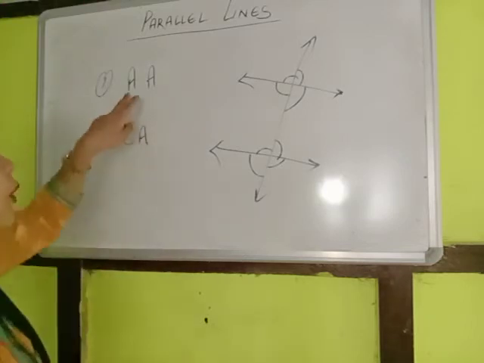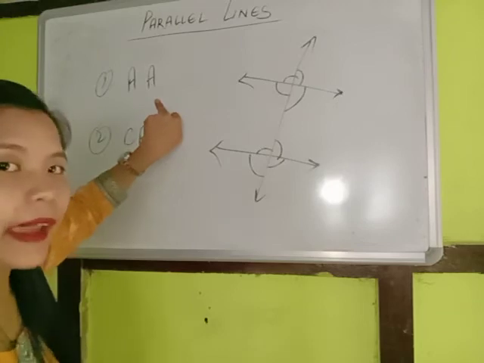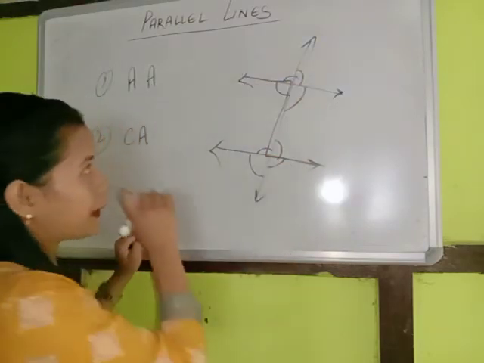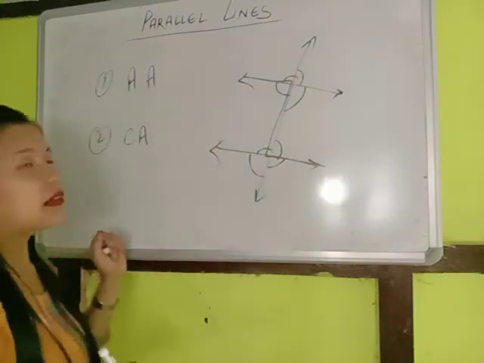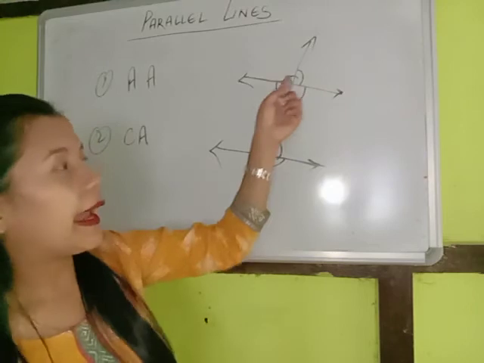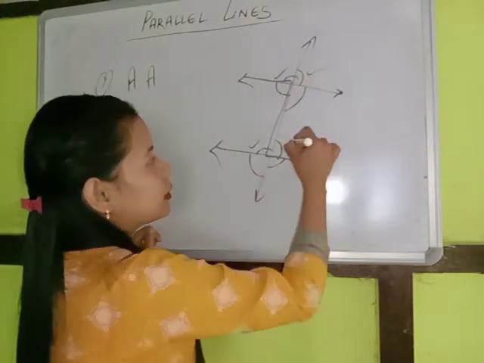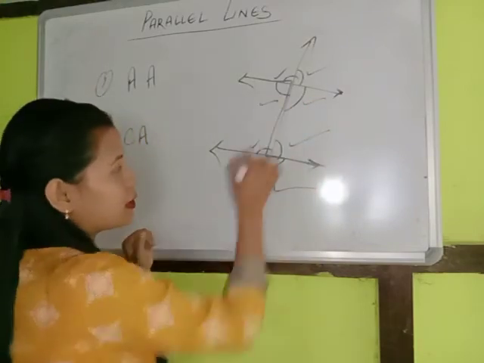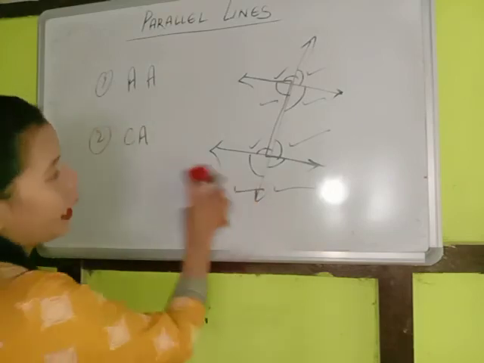When we check for alternate angles, we just see the interior angles and look for the Z symbol. We have 2 pairs of alternate angles, and corresponding angles are determined by the position of the angle. This and this are corresponding angles, this and this, this and this, and this and this. So there are 4 pairs of corresponding angles.